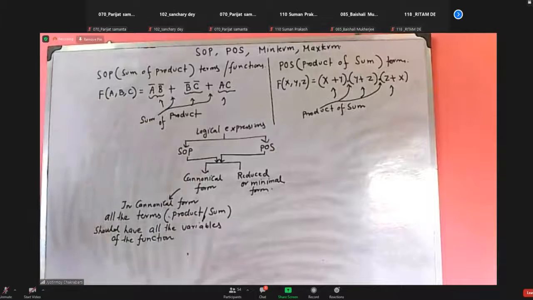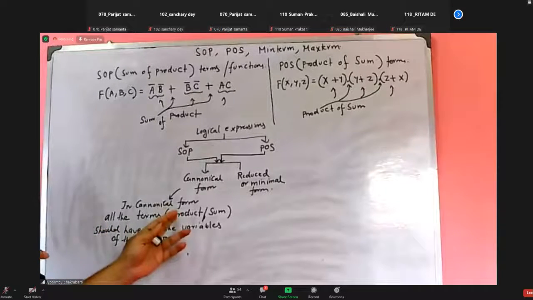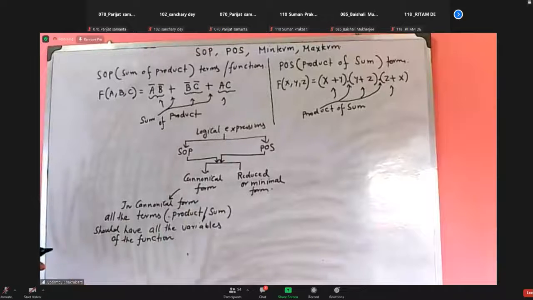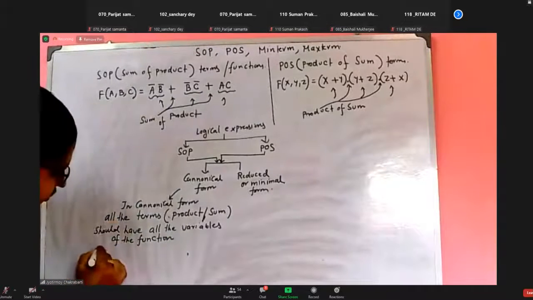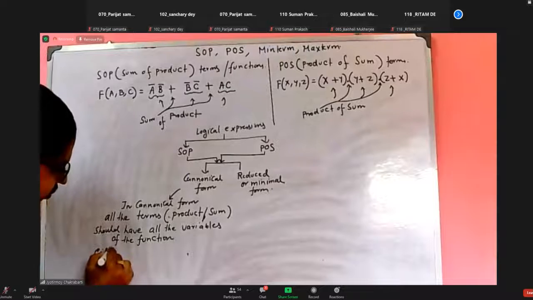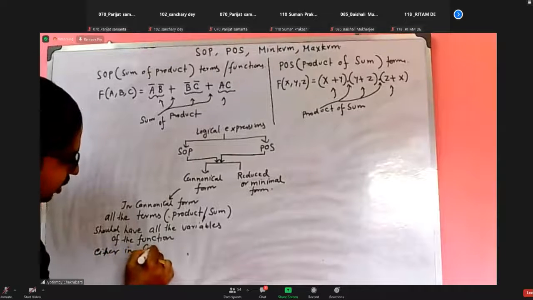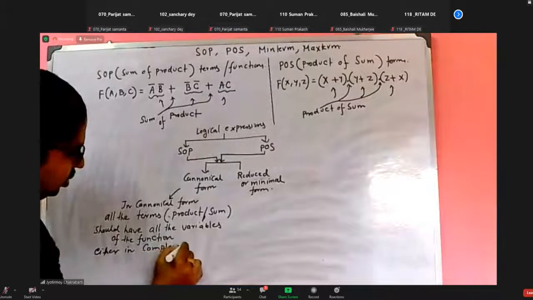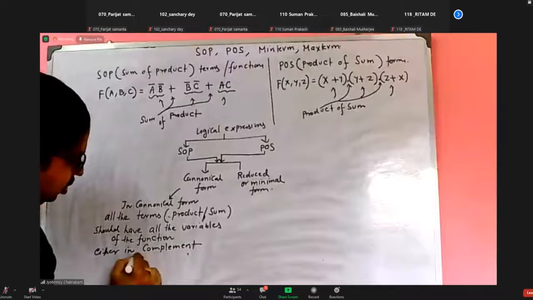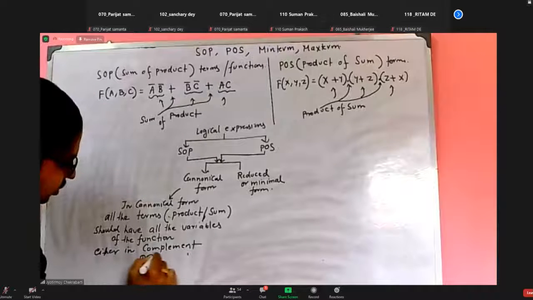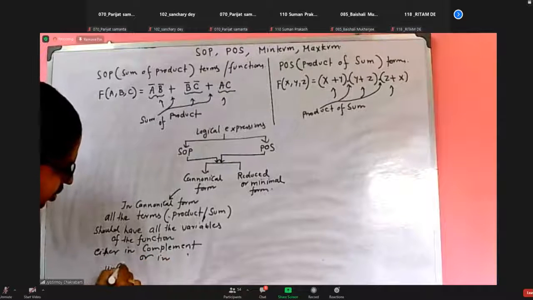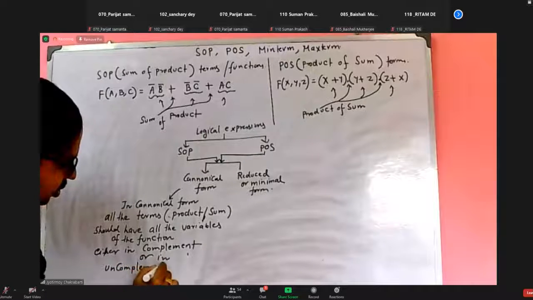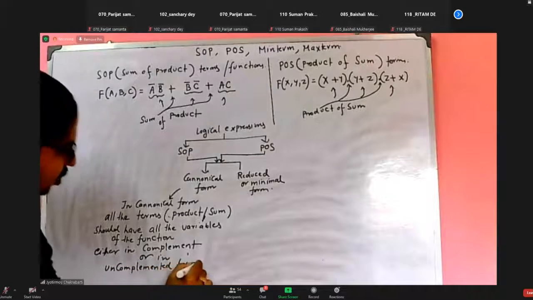In canonical form, all terms, either product terms or sum terms, should have all the variables of the function either in complemented or in uncomplemented form.